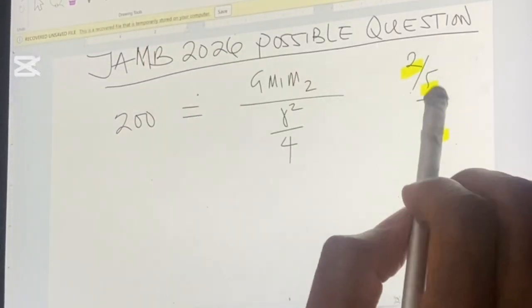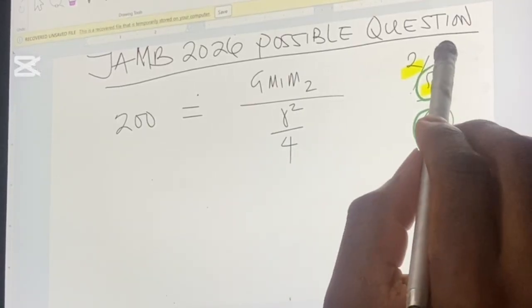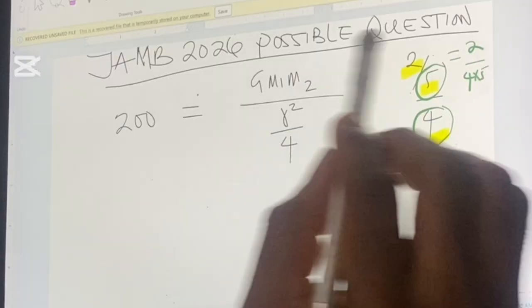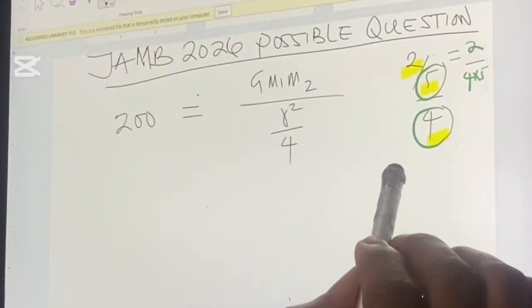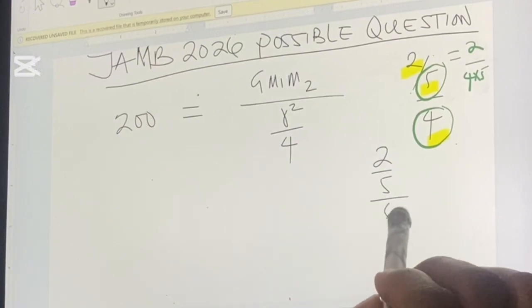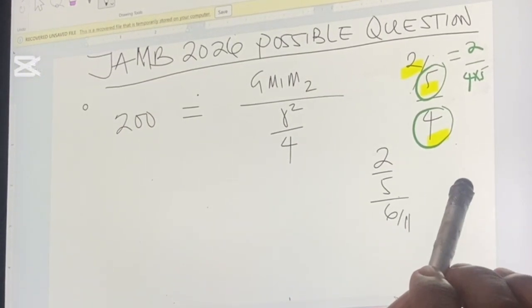Just multiply the last number here to the second number. So I will have 2 over 4 times 5. When you have a four-step fraction, that is 2 over 5 over 6 over 11, something like this, this is a four-step fraction.